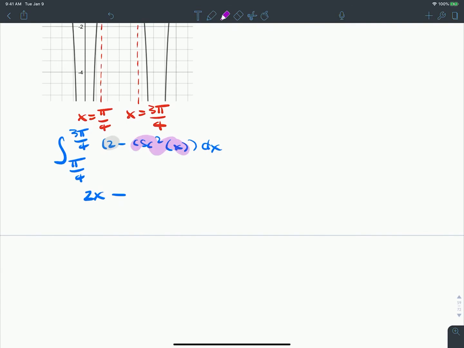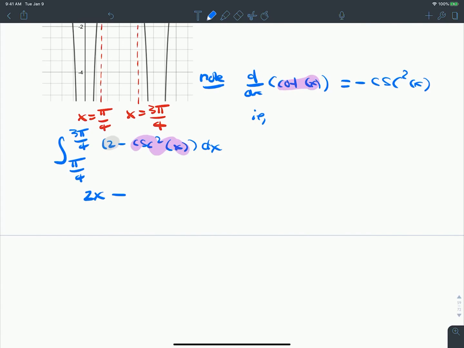Okay? So if we go back and think about what this might be, what's the derivative of tangent? Secant squared. So the derivative of cotangent is actually, let's write that down. The derivative of cotangent is minus cosecant squared. So that means the antiderivative of minus cosecant squared will be right here, cotangent.